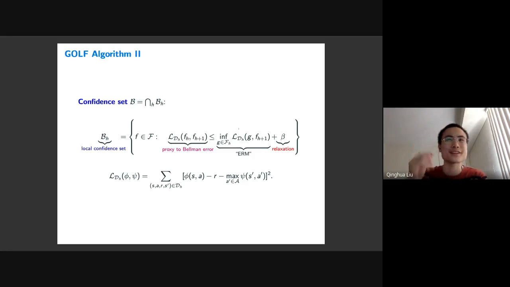I think realizability is basically required by all papers in function approximation. But in this confidence set, we use both completeness and realizability when we analyze it.